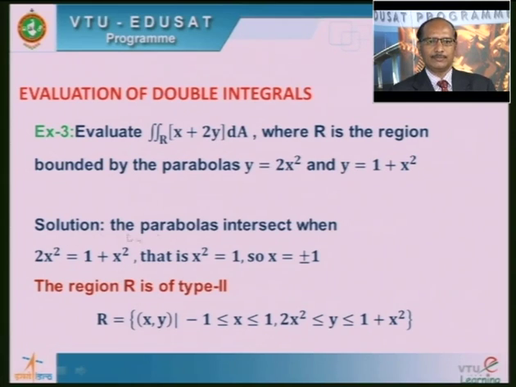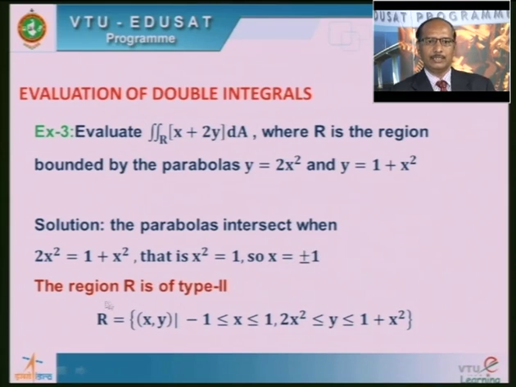Simplifying that, 2x square minus x square, that is x square is equal to 1. So x is equal to plus or minus 1. So the x range is minus 1 to plus 1.